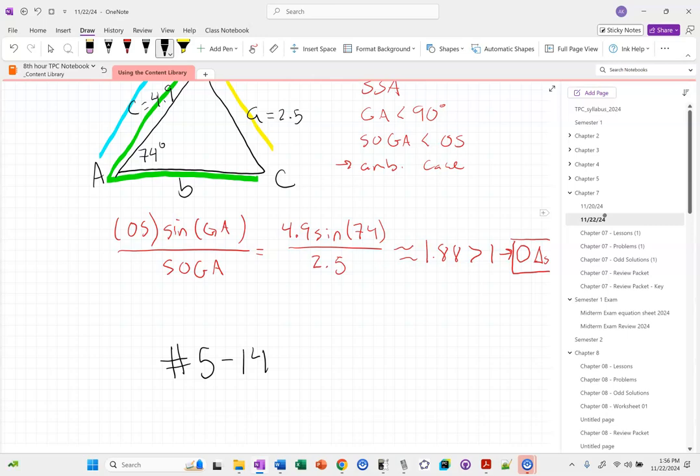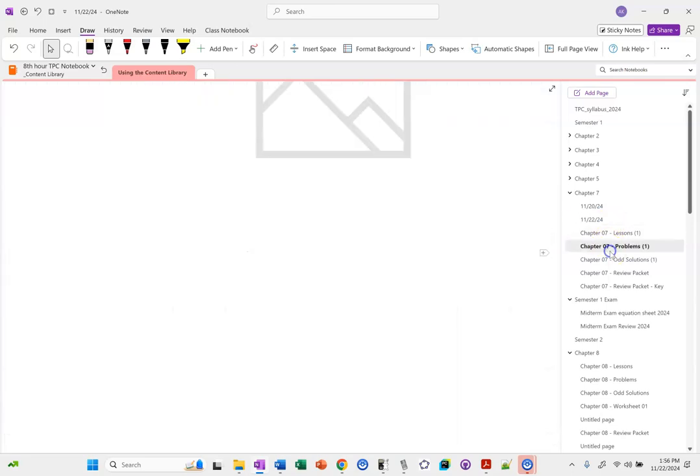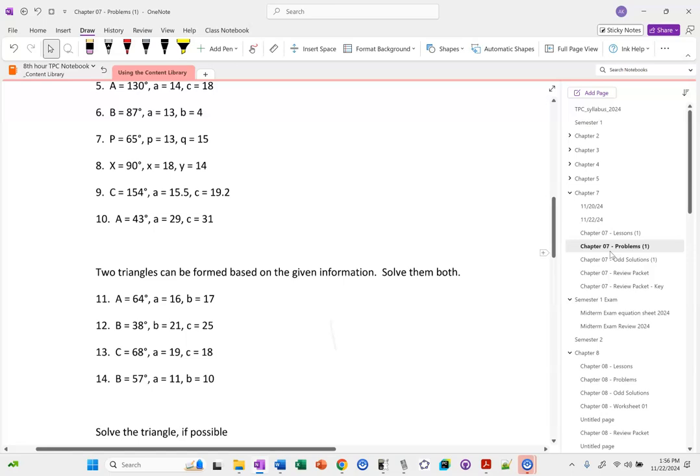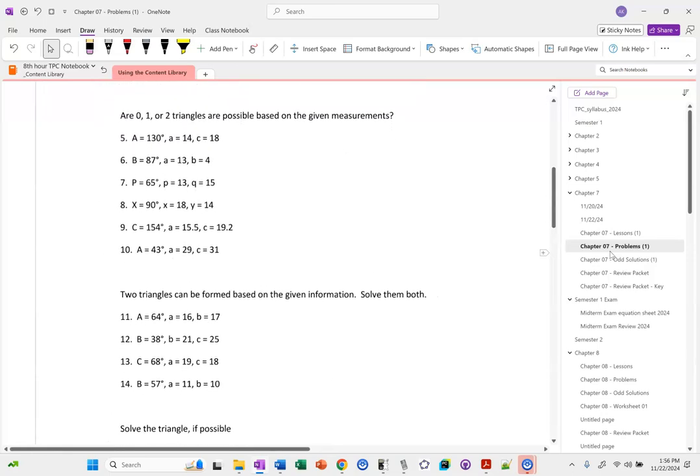I want to point out just a couple of things on the directions here for this homework. Look at the directions for 5 through 10. What do the directions say? It says, are 0, 1, or 2 triangles possible? So all you need to do is that initial analysis.